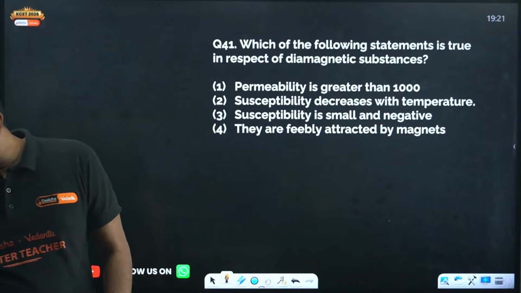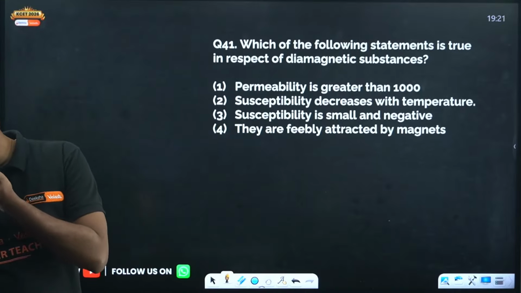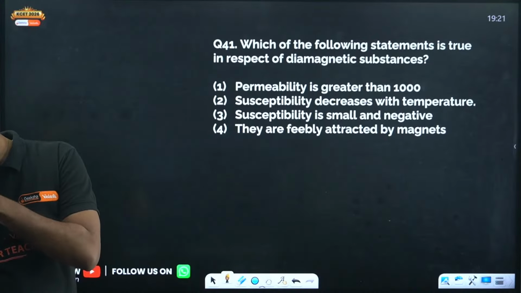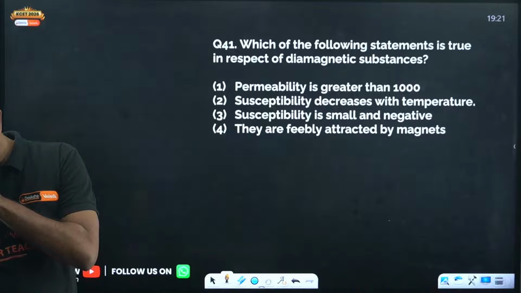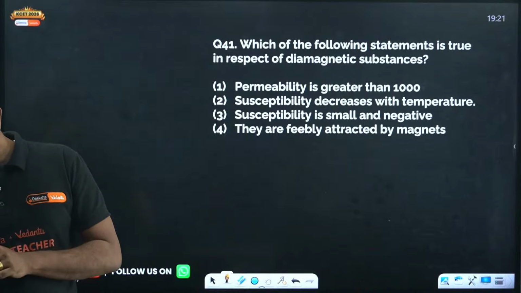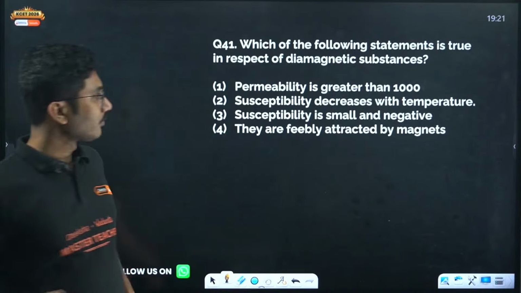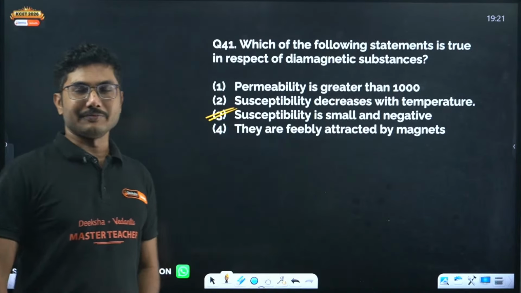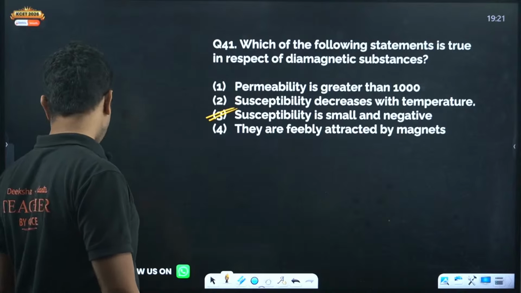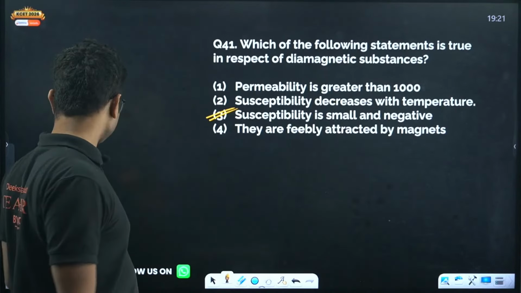What is the correct answer? Who will answer it? Yes, susceptibility is small and negative. Okay.